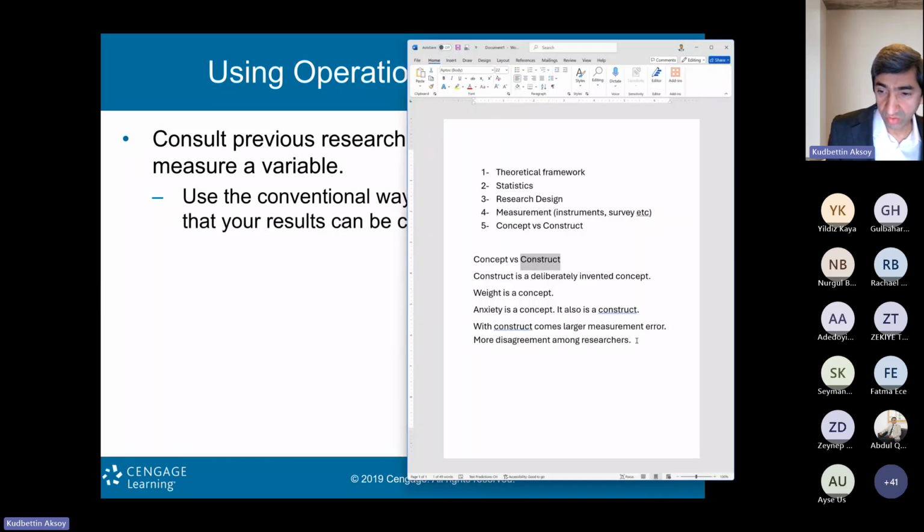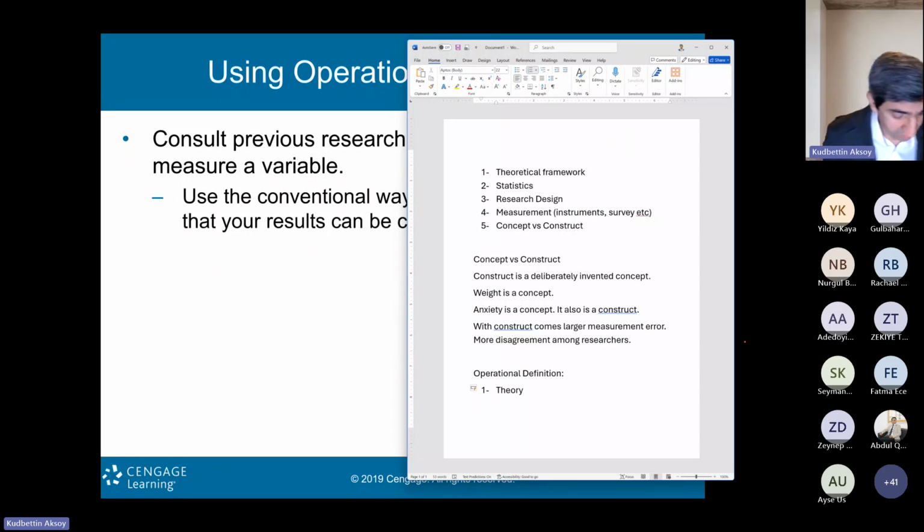So in order to operationally define a variable, first there must be a theory. It doesn't come out of nowhere. It has to be a theory, preferably a well-established theory.